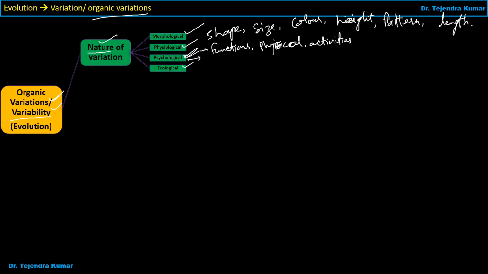If the same species is there, but some animals are living in one environment and the remaining are living in another, they will show different types of characters or variations. So it may be according to the ecology as well. So the nature of variation can be seen in four types: morphological, physiological, psychological, and ecological.